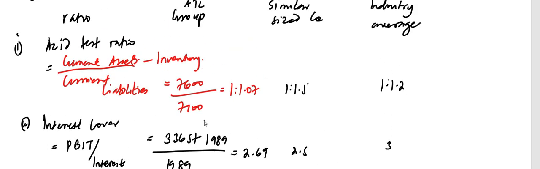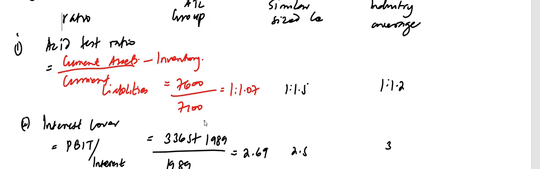When we look at the acid test ratio, you see you have a 1.07, similar sized is 1.5, industry average is 1.2. Acid test ratio. Now when it comes to the acid test ratio, you'll see that this acid test ratio of the ATL group is lower.